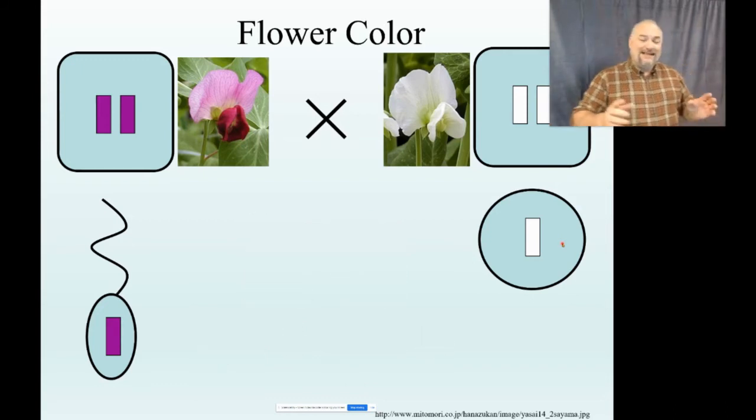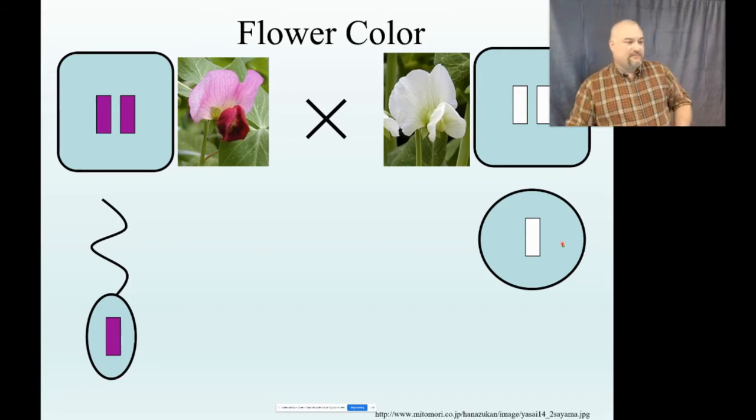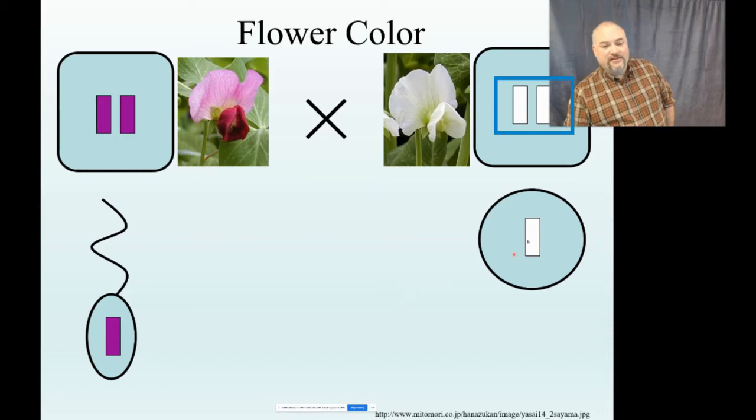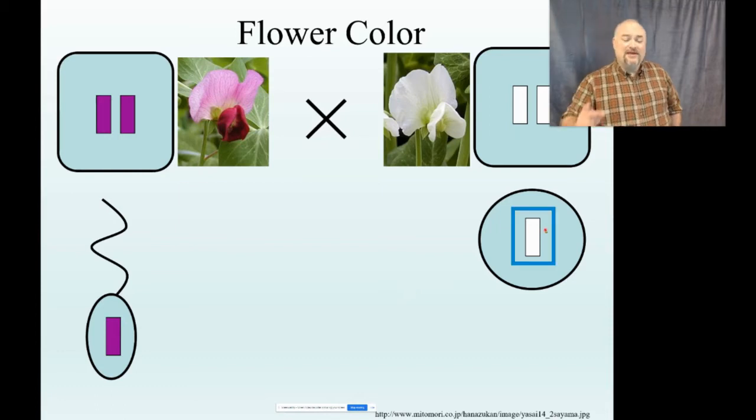The sperm and the egg, these gametes, the pollen and all that, they only have half, or one, of those 2 versions of the gene. So over here, this flower could either get that allele for the gene passed on or that allele for the gene passed on. So only one of those 2 alleles winds up in the egg. Same thing for the mother in this case. Only one of those 2 white alleles is passed on in the egg.